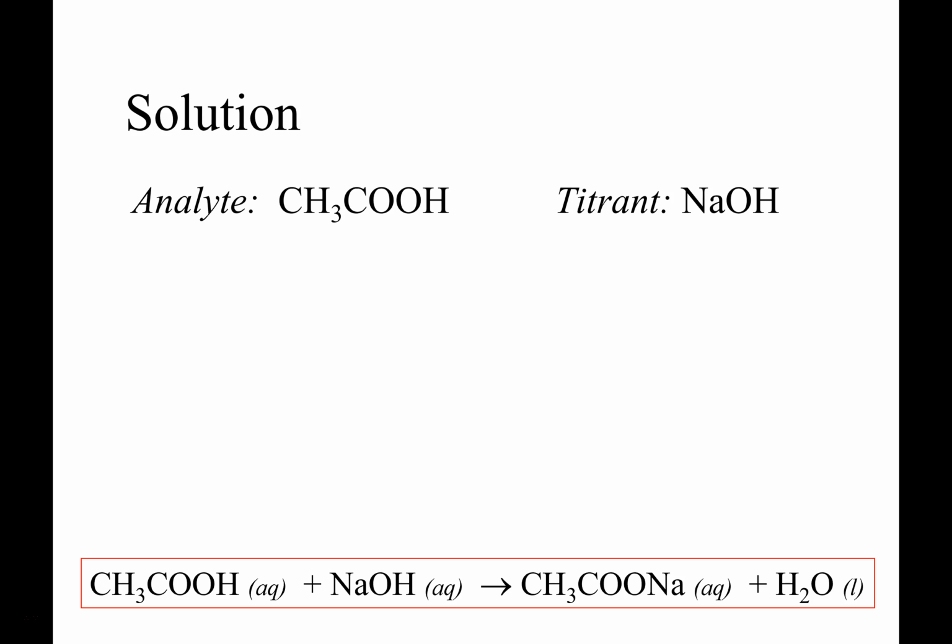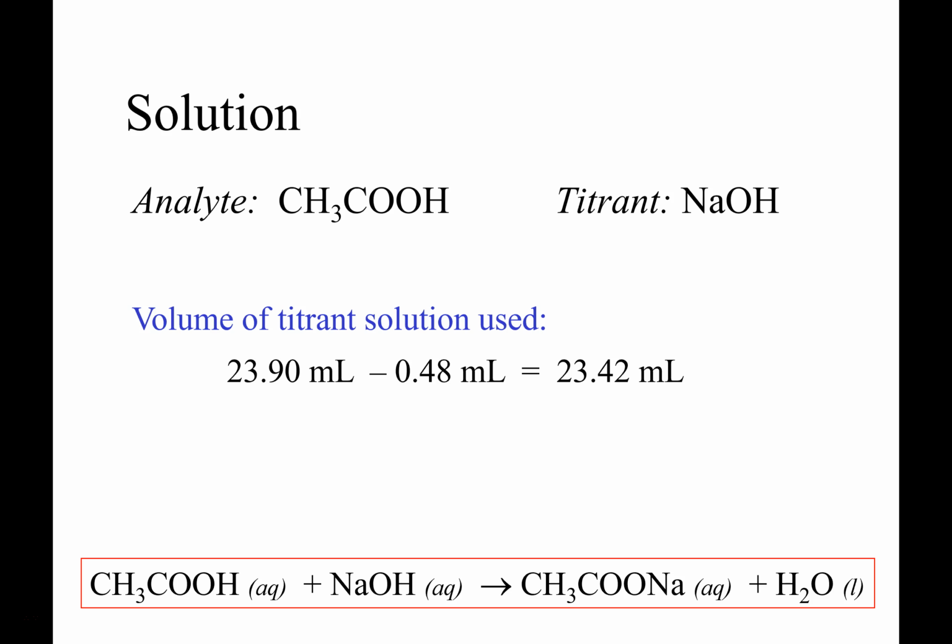So staying organized can help in working problems. But here's how we get to the volume that was dispensed. We always take the final burette reading, which was down here at 23.90 milliliters, and from that we subtract the initial burette reading, the 0.48 milliliters. And since we are subtracting, we go with decimals, not sig figs. This is a good example.